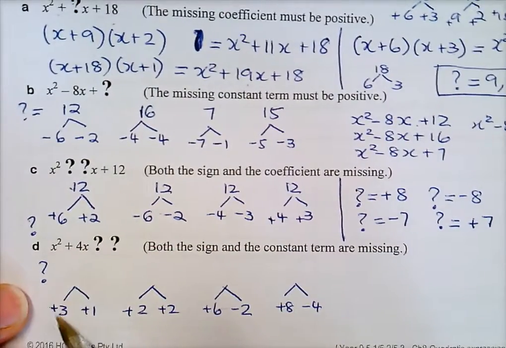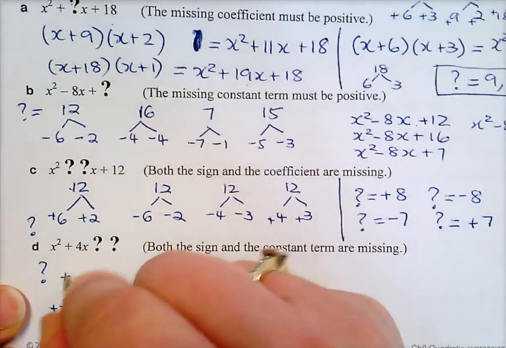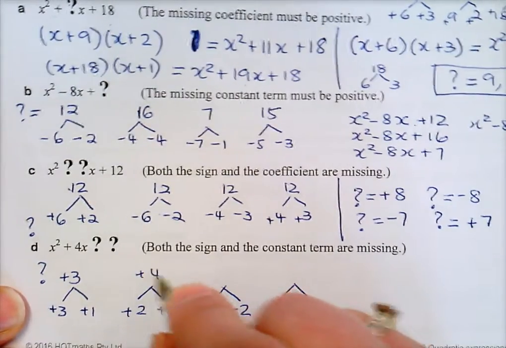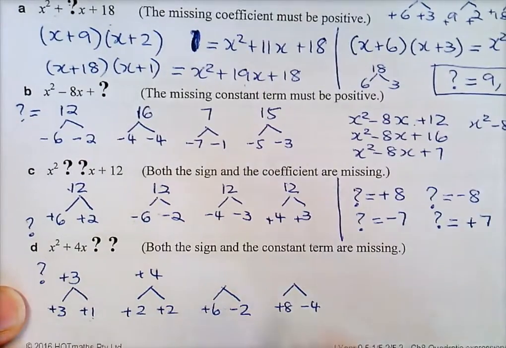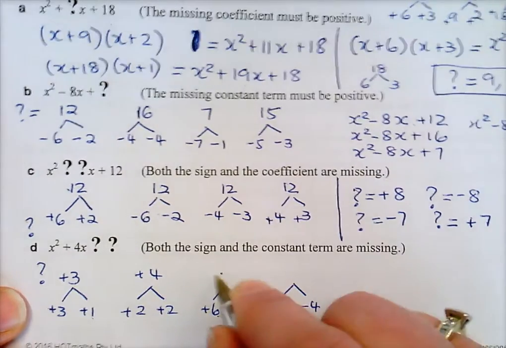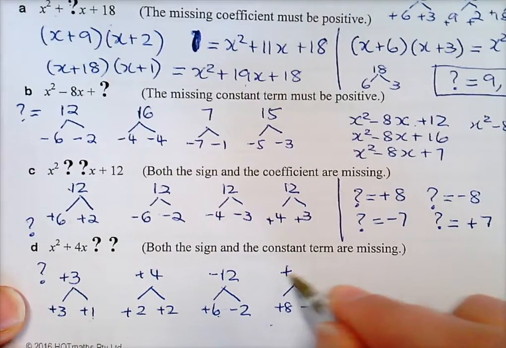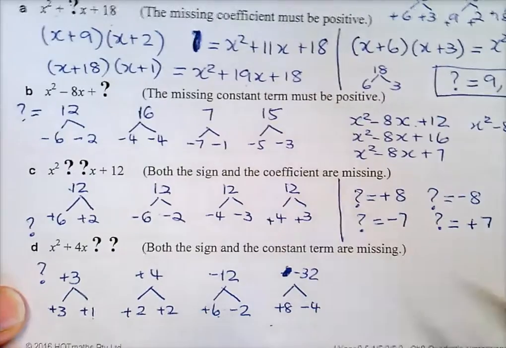If I did have plus 3, plus 1, tell me what the constant would be on the end. 3. Plus 3 would be my constant. What about this one? Plus 4. See, because they add up to give plus 4, but they multiply to give, what about this one? Negative 12. Plus 6 times negative 2 is negative 12. Plus 8 minus 4 gives negative 32.